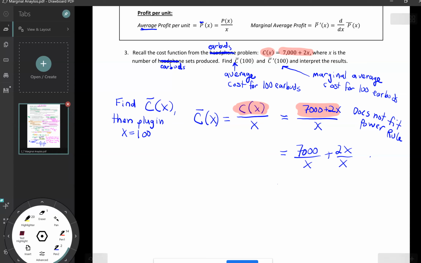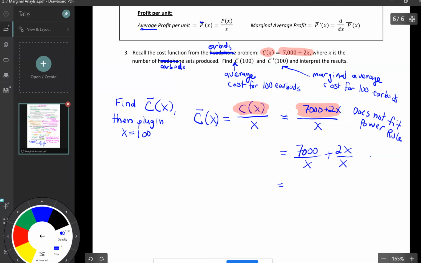Okay, and then I'm going to clean this up a little more because it still doesn't fit the power rule. So I need to relocate this x in the denominator up here to the numerator. So that 7,000 is already up there, but when I relocate the x, it originally had an understood 1 exponent on it. So when I relocate it, now my exponent's going to be a -1. Plus, and then over here, these x's actually divide out to 1, right?